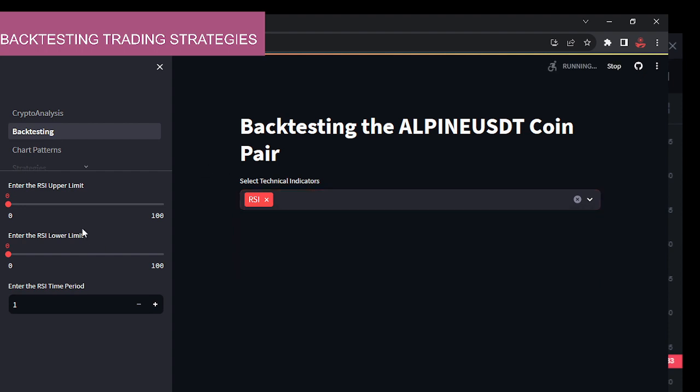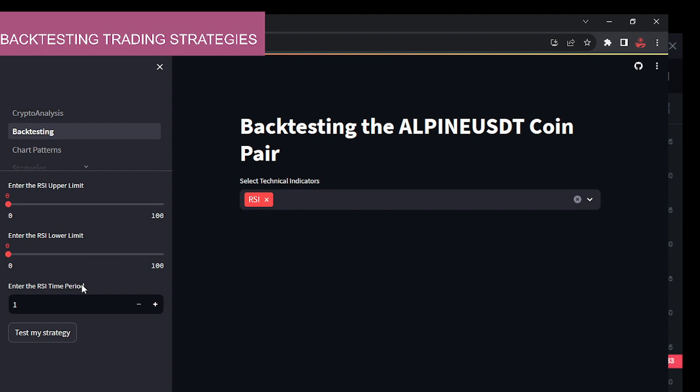If you're working with the RSI, there are some parameters that you need to key in. One of them is the RSI upper limit. The other parameter is the RSI lower limit. The third and final parameter is the time period, or generally the kind of candles that you'll be working with, just to compute the RSI.